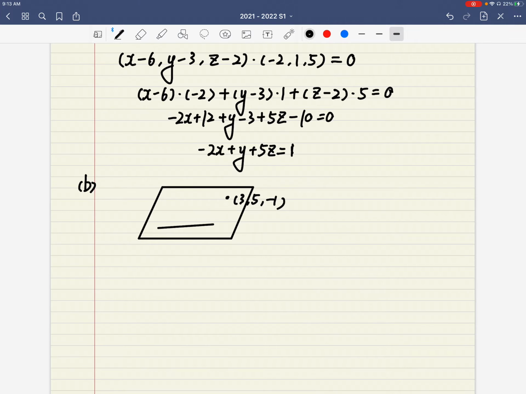This line is given by a parametric equation, but you can also write it in this way: 4, negative 1, 0 plus t times negative 1, 2, and negative 3.